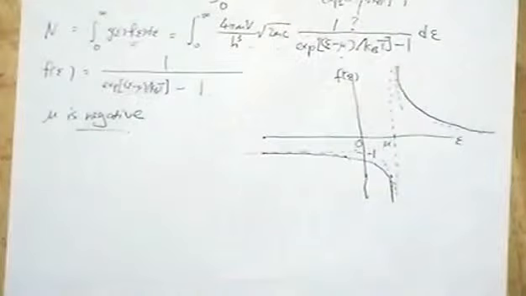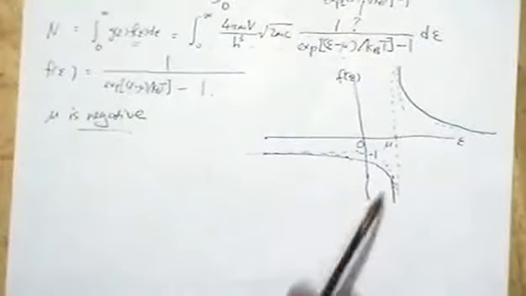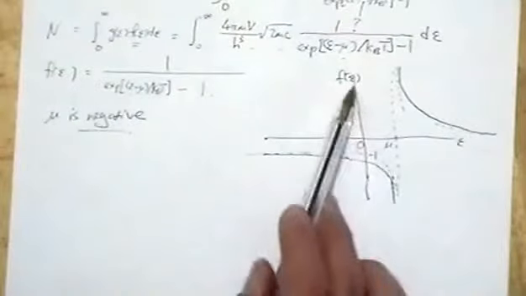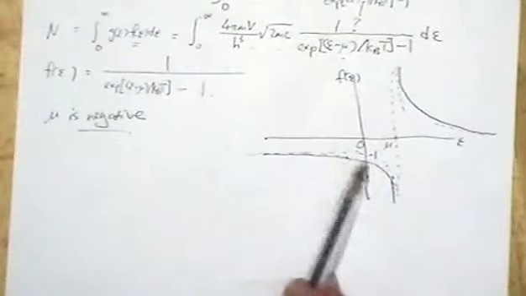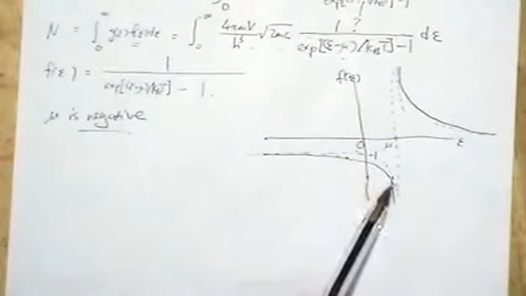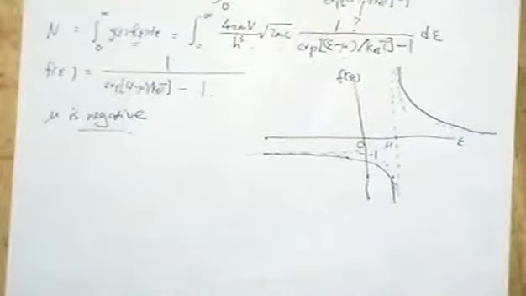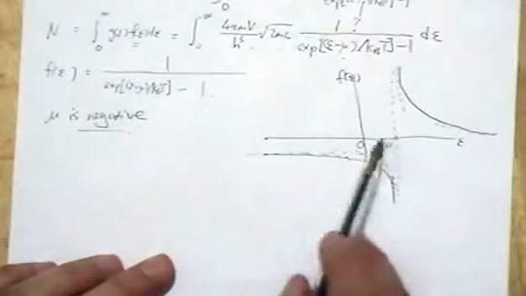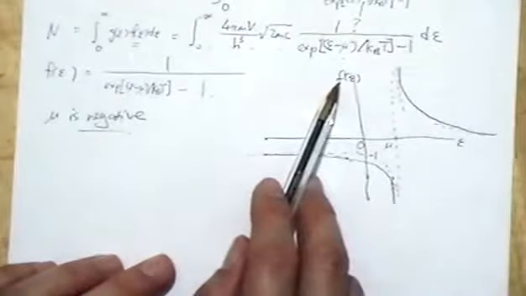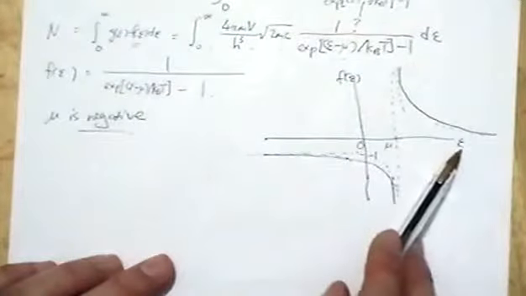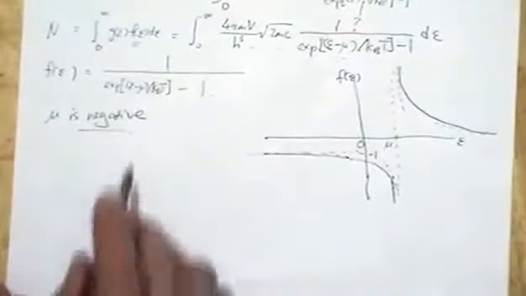Now, if we look at this graph, we see a problem. We see that Fe has a negative value. Now let's recall the physical significance of E and Fe.